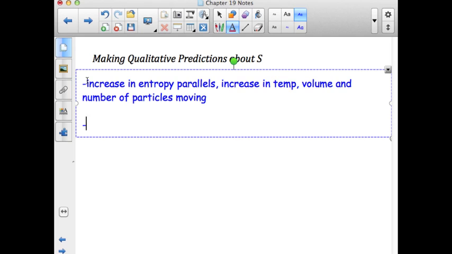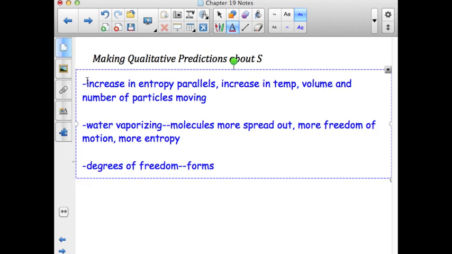For example, if you vaporize water, meaning I go from my liquid to a gas with water, your molecules are becoming more spread out, which means they have what we call more degrees of freedom, meaning more ways that they can possibly move. If you ever hear later on when I talk about degrees of freedom, or freedom of motion, that means they have more ways they can move. They can vibrate, they can rotate, they can move.